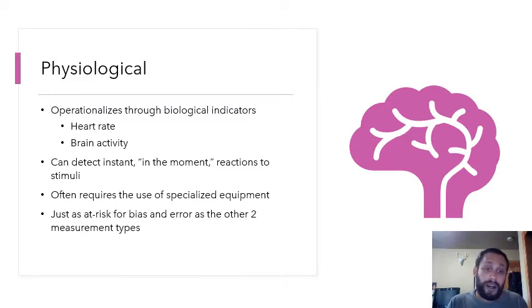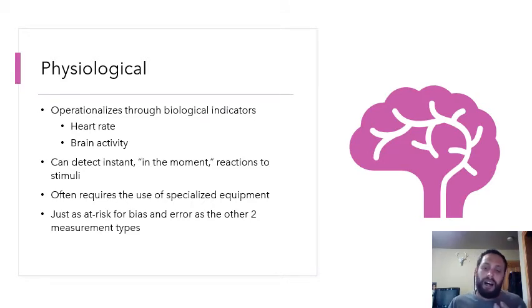It often requires specialized equipment, like a heart rate monitor to detect heart rate, although you can detect pulse by just using your fingers, right? Or using a PET and MRI machine, which are often very expensive and cost a lot of money to utilize.